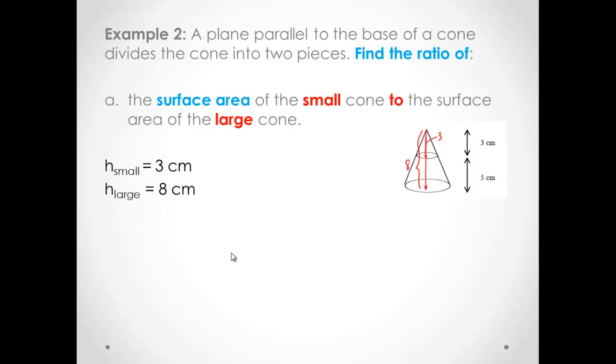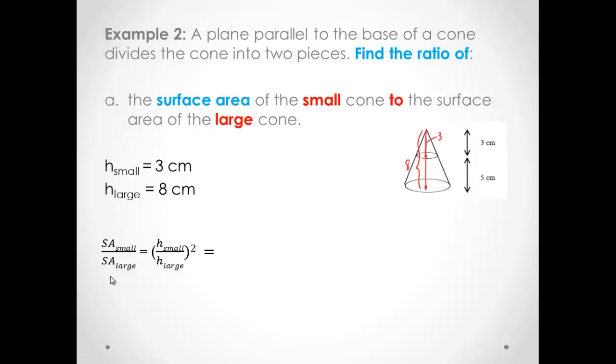You may think that, hey, we need to get out the formula for a cone, and that is one way to solve it, but with what we know about the rules and conjectures in the last little while, let's use what we know about the surface area and scale factor. So remember, if we are talking about surface area, this is the surface area of the small cone to the surface area of the large.